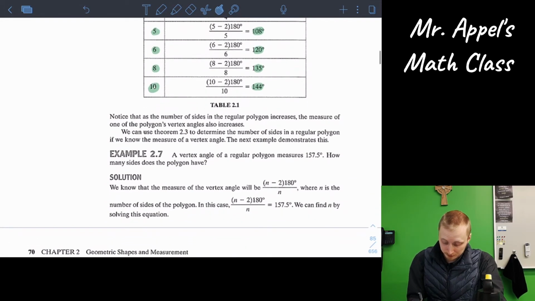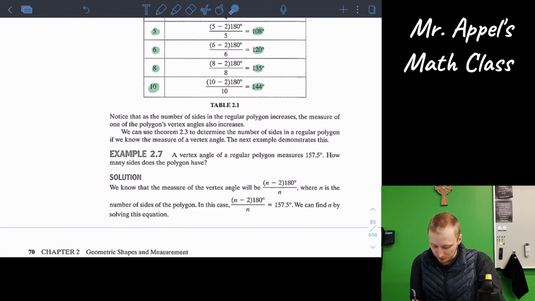Let's find out. We know that the measure of the vertex angle will be (n minus 2) times 180 divided by n, where n is the number of sides of the polygon. In this case, (n minus 2) times 180 degrees divided by n equals 157.5 degrees. We can find n by solving this equation. It's fairly straightforward.